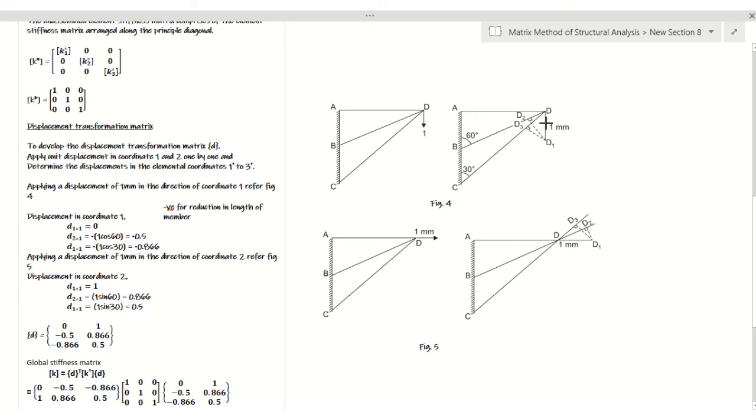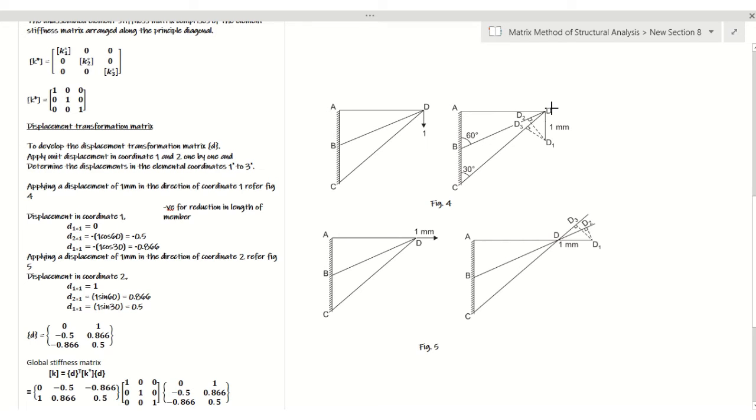So this is nothing but 1 into cos of 60 degree. Either you can express with sine or cos, that is left to you. What I have taken is minus 1 into cos 60. This negative sign is taken because the member length is shortening. If the member length is reducing or getting shortened, a negative sign will be assigned for that.